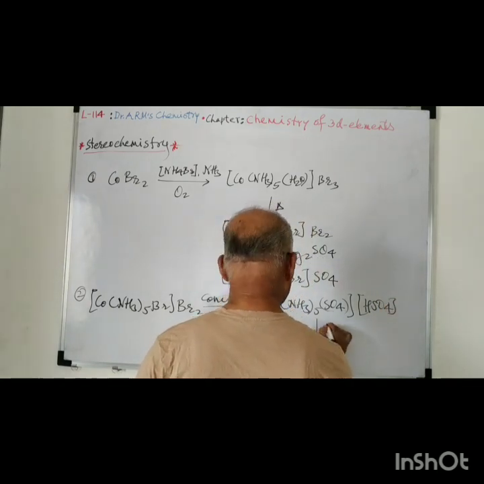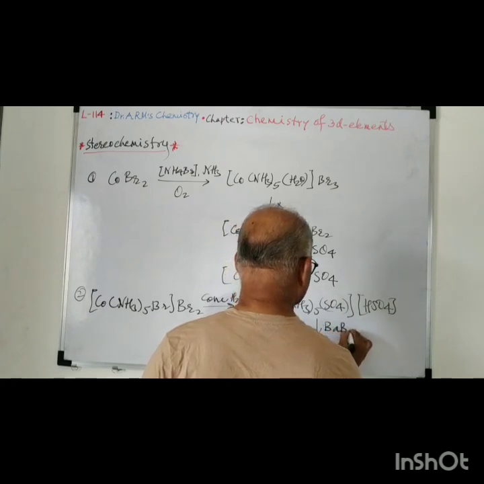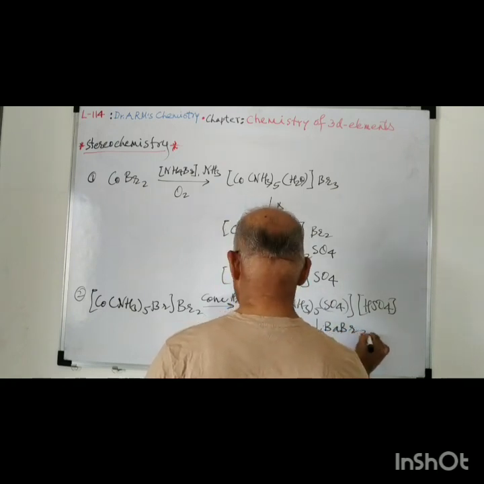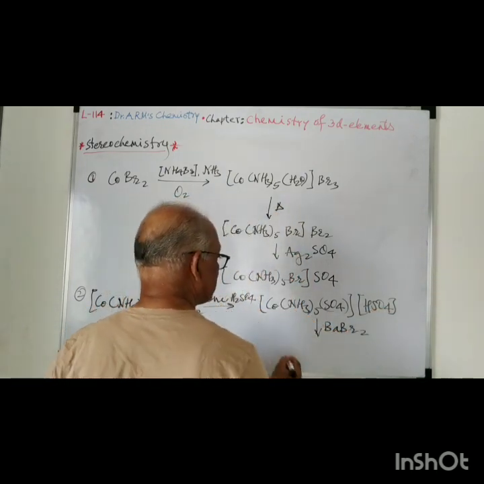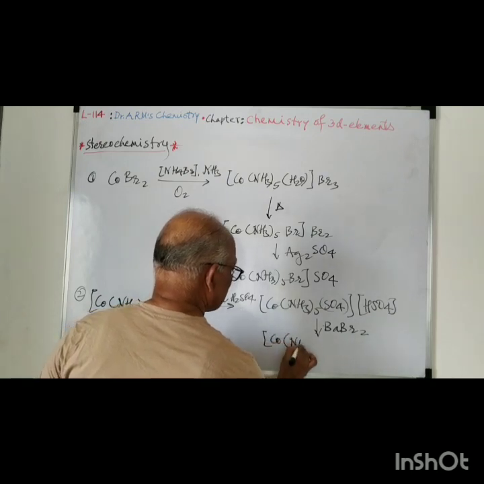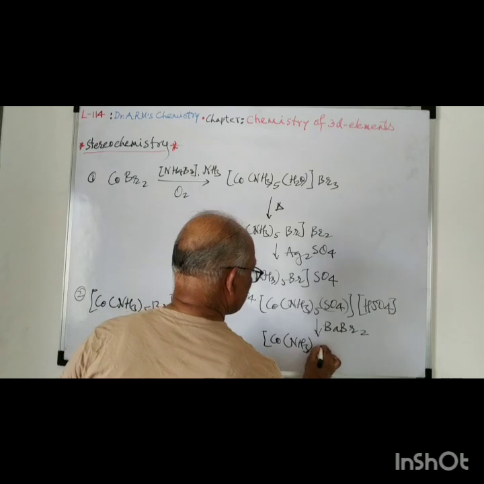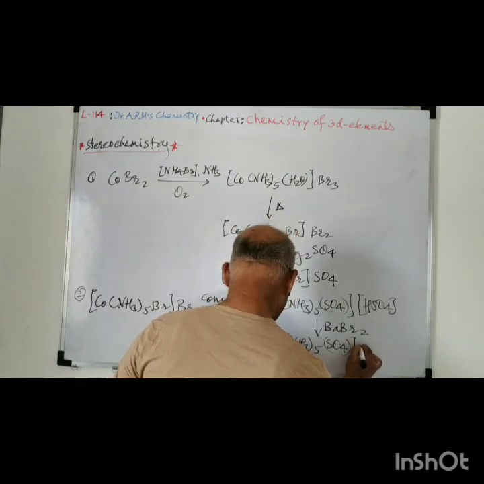On treatment with barium bromide, BaBr2, it shows replacement, giving [Co(NH3)5SO4]Br.